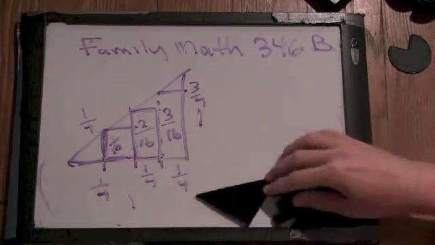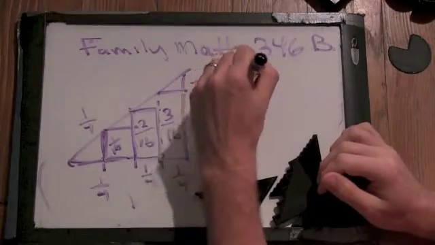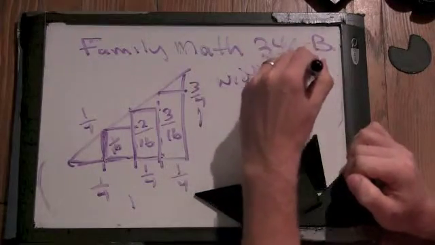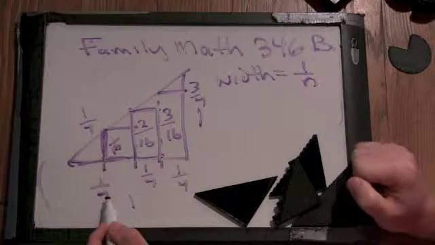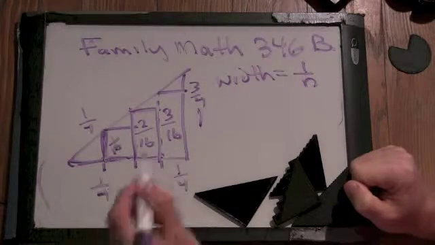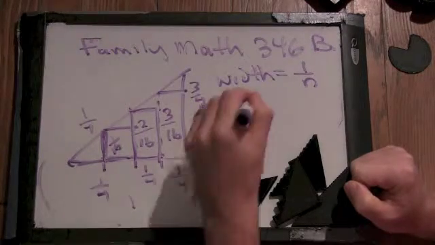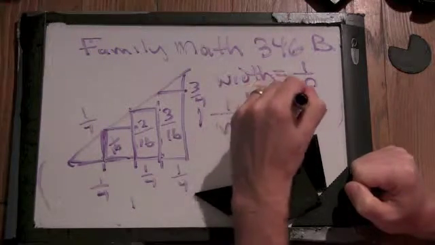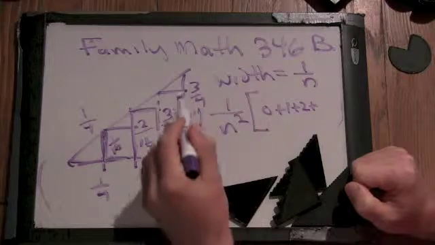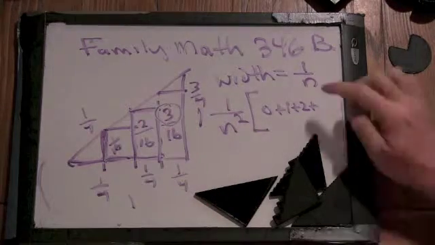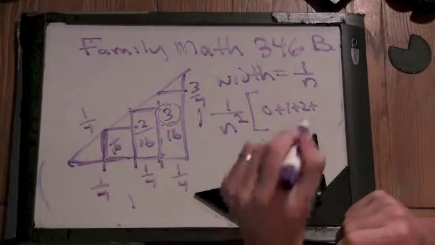If my width is 1/n, for any number here, where n is 4, I seem to get 1 over n squared times 0 plus 1 plus 2 plus, what's the last number going to be in terms of n? It'll be n minus 1. Do you see that?